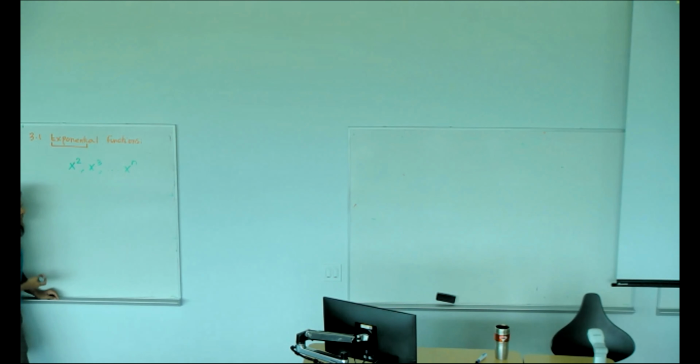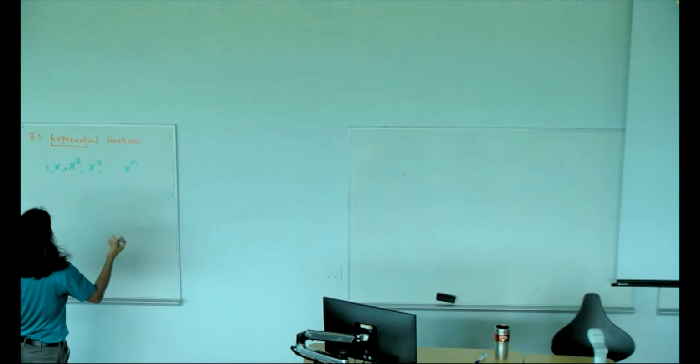Each of those increases multiplicatively, in the sense that if you start with x, multiply x to itself, you get x squared. Very good. Start with 1, multiply by x, get x. Multiply by x again, x squared, x cubed, and so on.